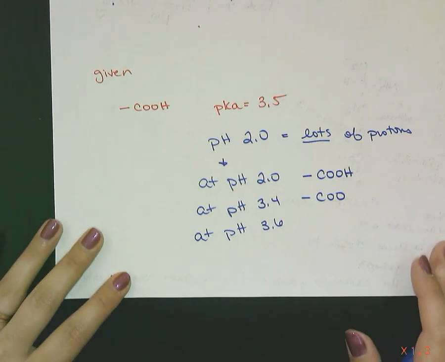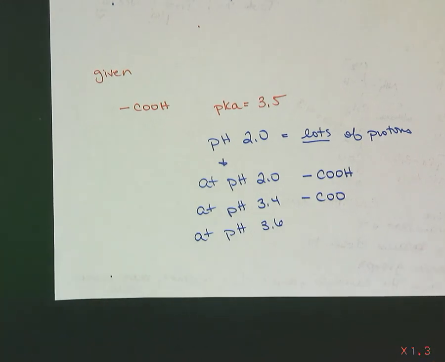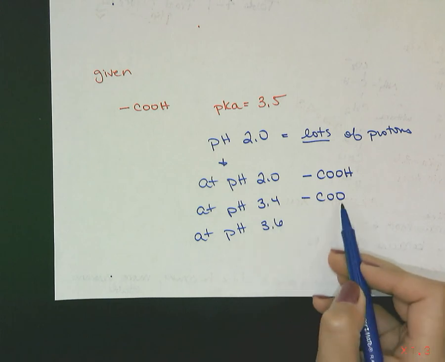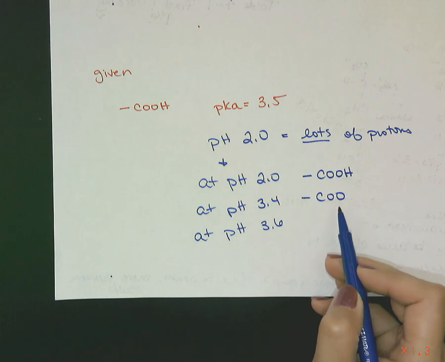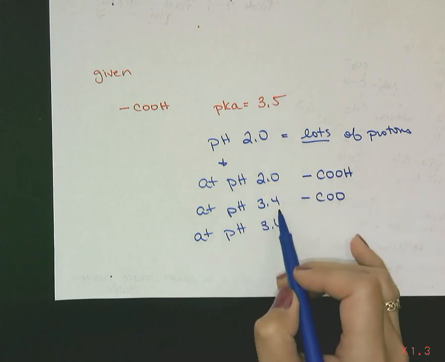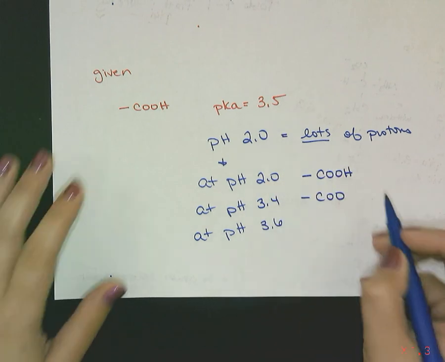Okay, so let's say now I am increasing the pH. Now I'm at 3.4. Is it going to be O minus or OH? So is it above or below my pKa? Below. I'm below my pKa, so it has to be OH.